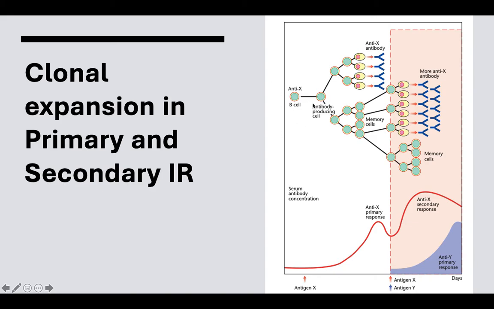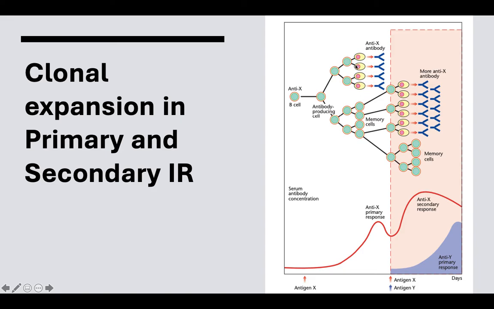It differentiates into an antibody producing cell, not really producing but differentiating, because it's the first cell that will develop the capacity to produce antibodies specific to the antigen. That mother antibody producing cell against antigen X will clonally expand, or clonally reproduce itself.